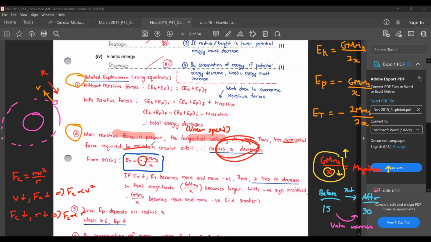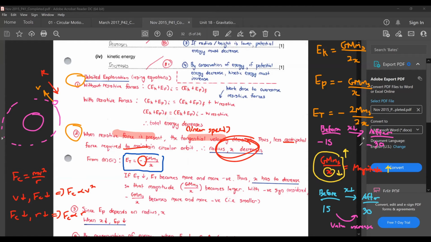So if I put in a negative sign here, that will mean that before it is negative 15. Then after that, when my X has dropped, remember I told you the magnitude will increase, but once you consider the negative sign inside, it becomes negative 30.